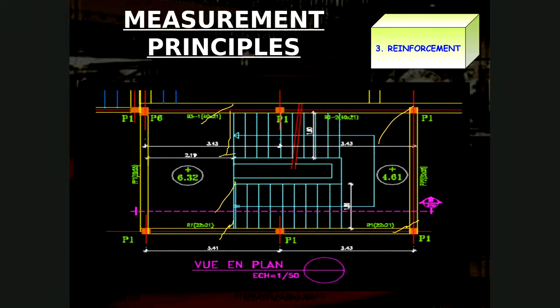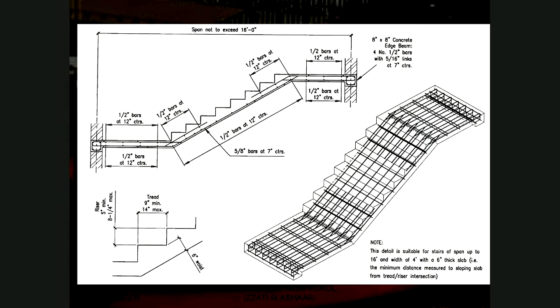Because later you have to know how to get the measurement for the length of the bar that is laid like this. So when you need to measure, you need to know the width of the staircase and you have to deduct 2 concrete covers here. So all this information is needed. That means you still have to refer to drawing number 1, layout plan, section drawing in order to measure the bar reinforcement. Okay, and this is how it looks in 3D.